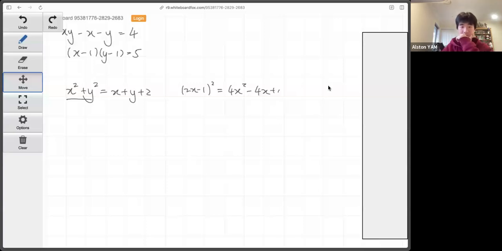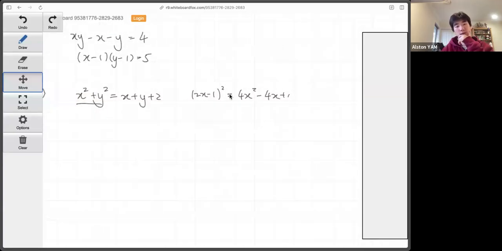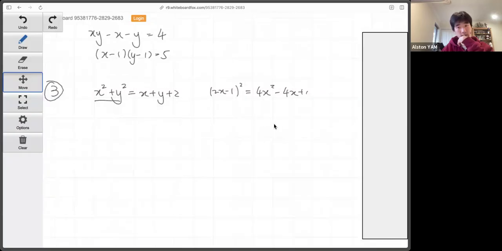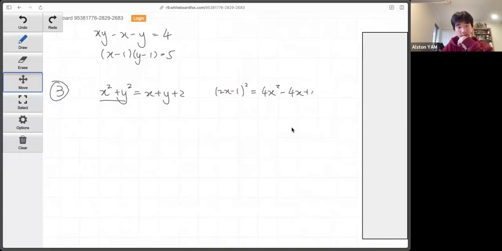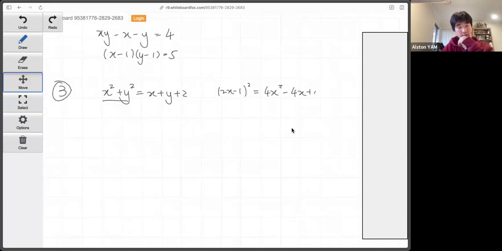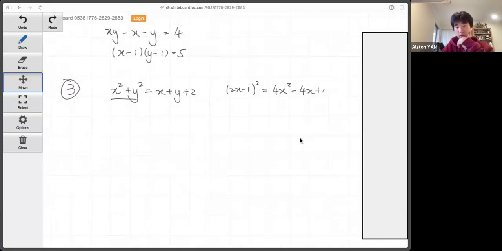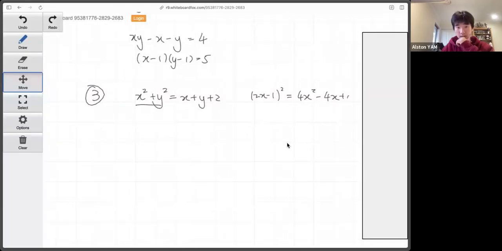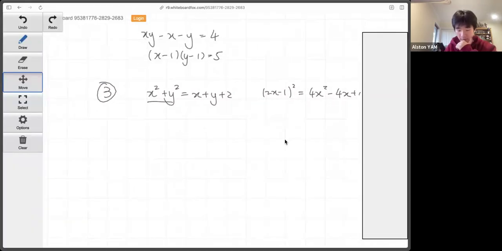So if I have this, then you realize that the coefficients of the x squared term and the x term are the same. That is pretty good, right? That should be pretty useful. So let's just think about that.